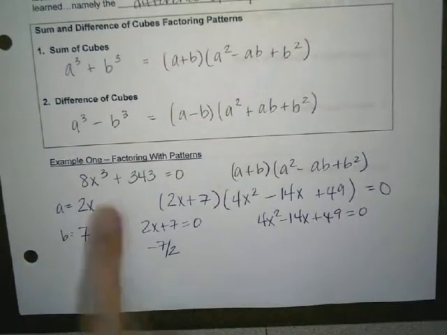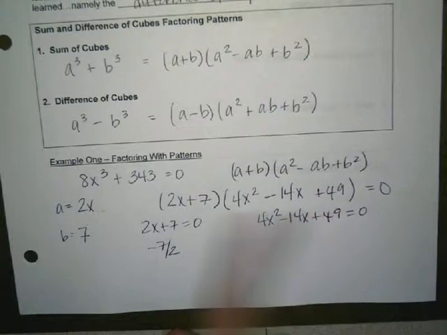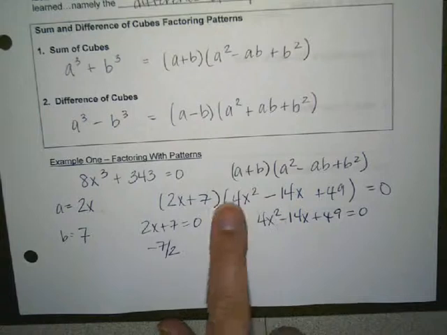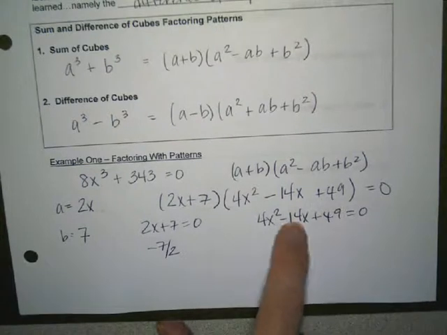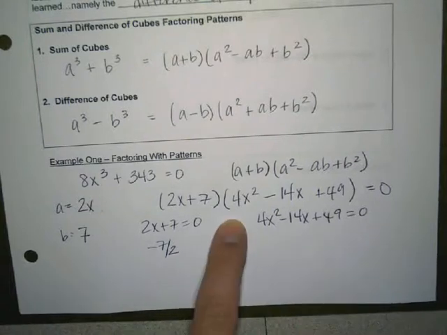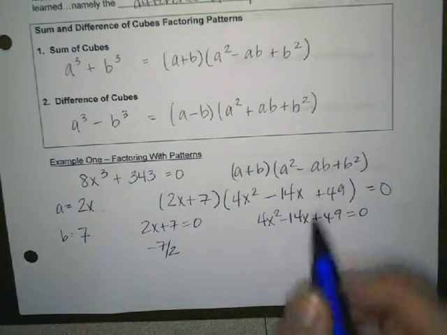This factoring pattern will always produce a quadratic that you cannot break down any further. So it's not like we can factor this again. We can't. So the only way to solve this parenthesis is to use the quadratic formula. And that happens every time. That's just how the pattern works. So this will never be something you can break down more, and you'll always have to use the quadratic formula to solve it. So that's what we're going to actually do here.